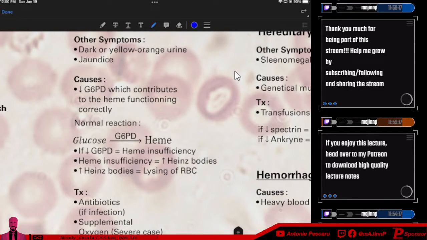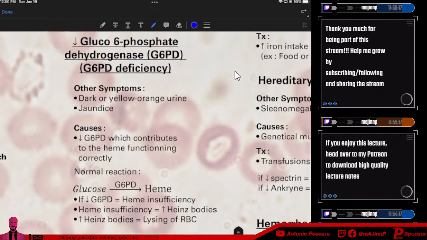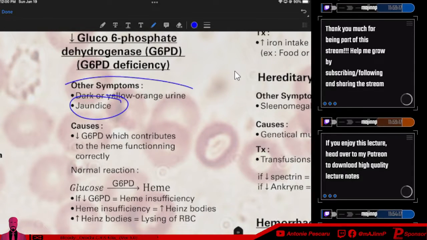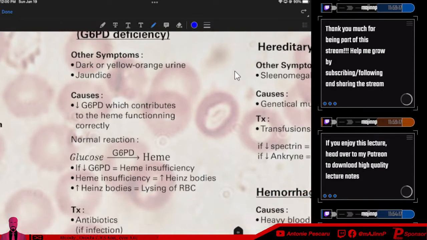If you have heme insufficiency, it's not going to bind onto the globin correctly, and you're going to have an increase of Heinz bodies. Those Heinz bodies contribute to the lysing of the red blood cell, and this is where your jaundice and your dark yellow urine come into play.